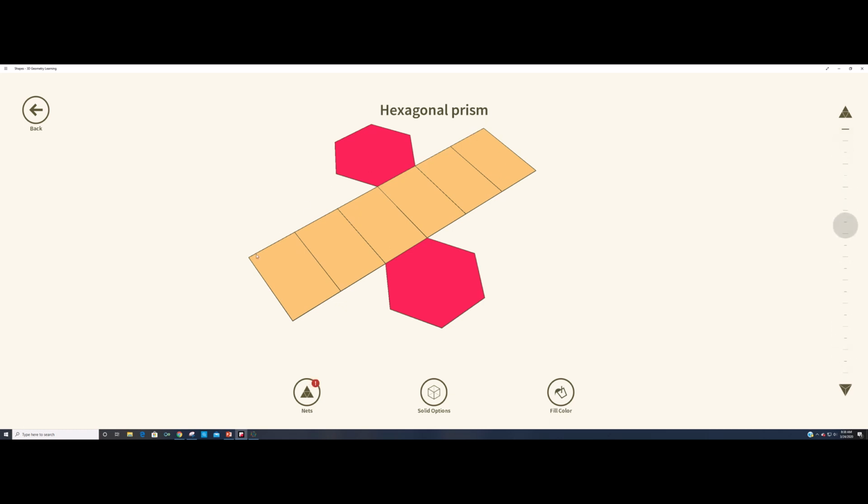Notice, by the way, when you unfold the shape, look at all those little rectangles. Notice they fit together to form a larger rectangle. That's actually going to be extremely helpful for us when we begin talking about surface area. So keep that in mind.